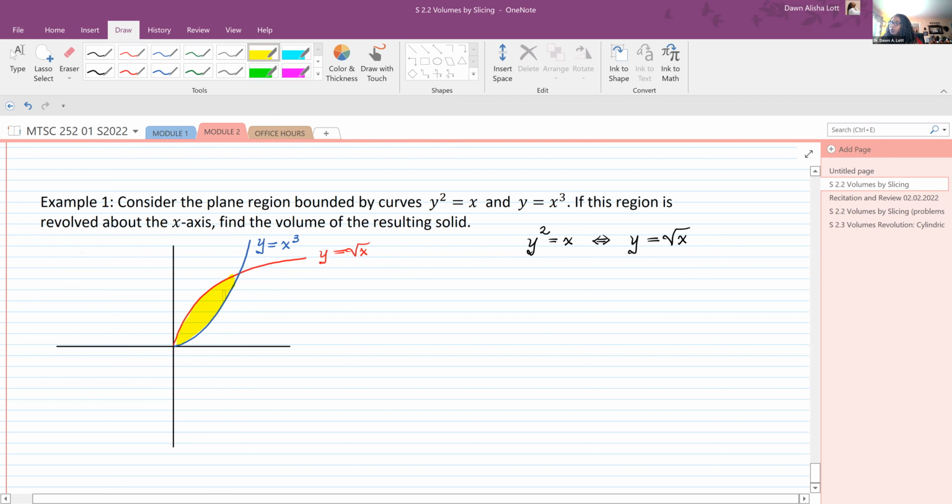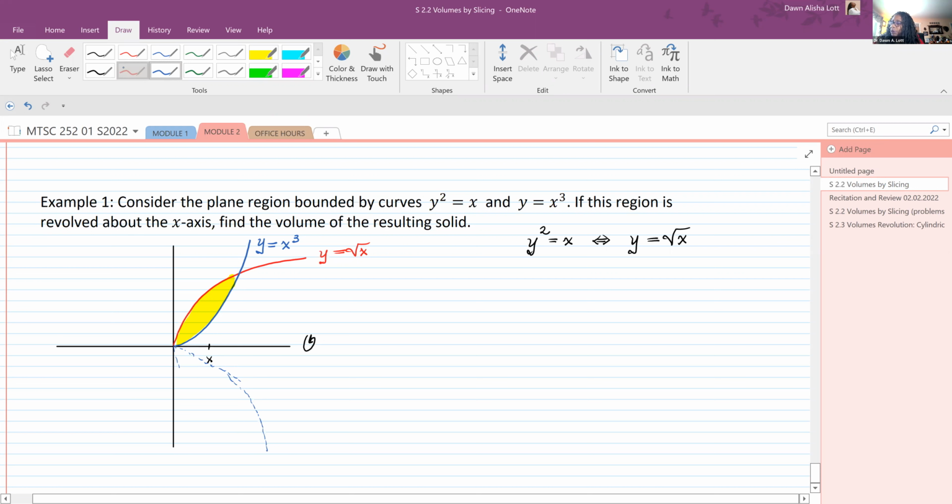And I want to revolve this region about the x-axis. So I'm going to do it just like that. Okay, I'm going to go right around the x-axis, the whole thing. So let's find an x. And the bottom curve will revolve like this. And the top curve will revolve like this.